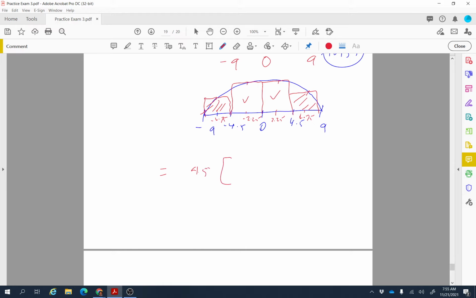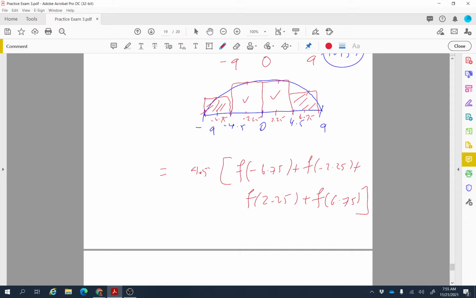Height is coming from, for the first one, the value of the function at negative 6.75, the value of the function at negative 2.25, the value of the function at positive 2.25, the value of the function at positive 6.75. So height times width gives you the area of each of these rectangles.